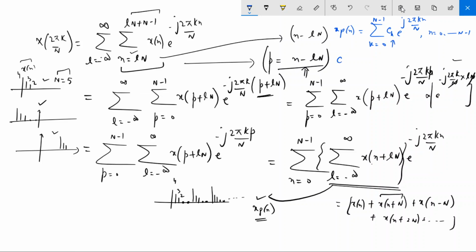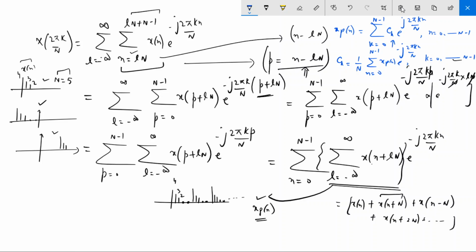And what is the ck, which is the Fourier series coefficient? It is given by 1 by n summation of n from 0 to n minus 1 xpn e raised to power minus j 2 pi k n by n, where k is from 0 to n minus 1.